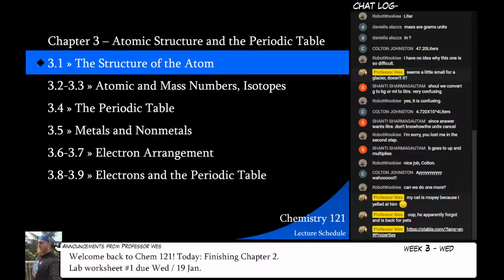We actually are not going to do those sections. We are going to skip over these in the interest of time, because I personally just don't care enough about electron arrangement and configurations for this level of science. There are much better things that we can spend our time doing and more practice on.